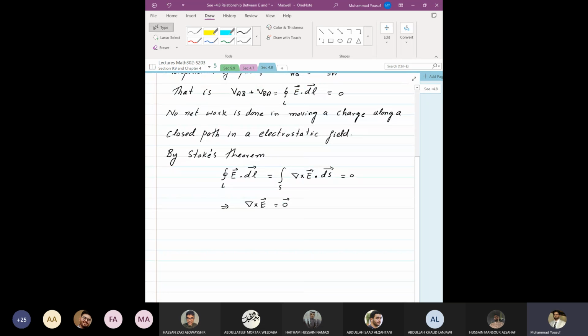And a curl being 0 means that the electric field is conservative.